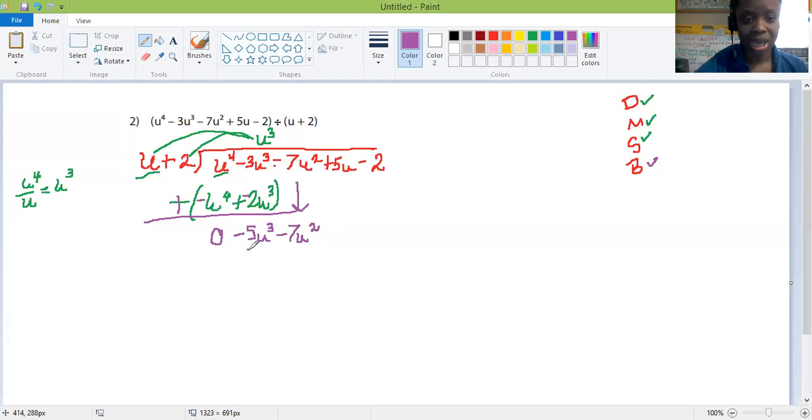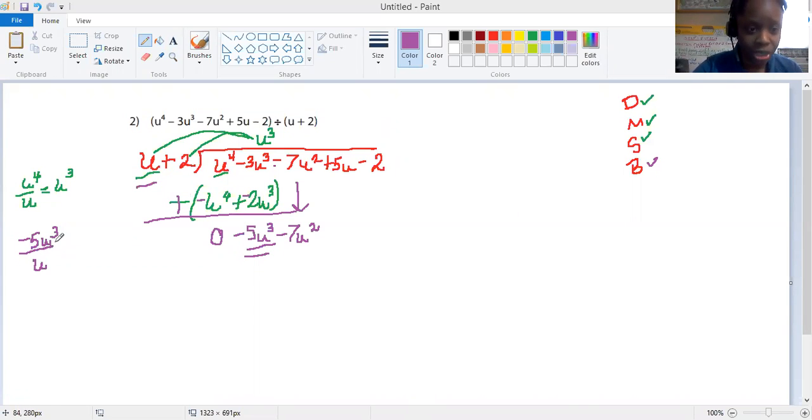Now I'm going to look at this negative 5u to the third power and this u, and I'm going to divide. So you have negative 5u to the third power divided by u.